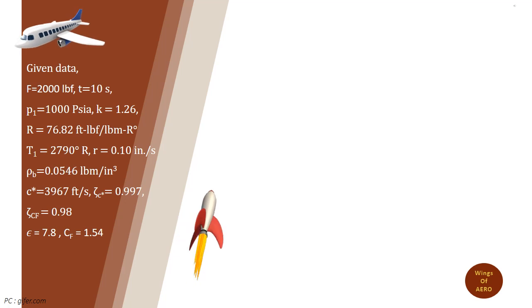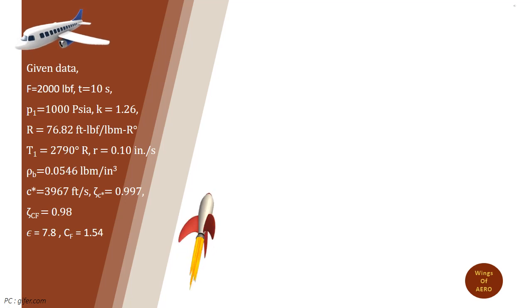Given data. Here we consider a solid propellant rocket motor. Thrust at sea level F is equal to 2000 pound force, average thrust duration t is 10 seconds, chamber pressure P1 is equal to 1000 pounds per square inch, ambient temperature T suffix a is 70 degree Fahrenheit, and propellant is ammonium nitrate hydrocarbon. The properties of this propellant are also given.